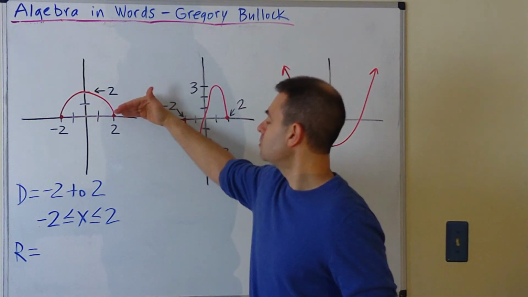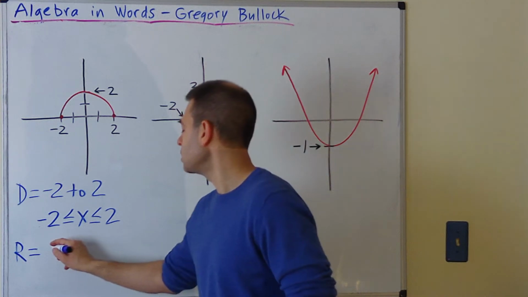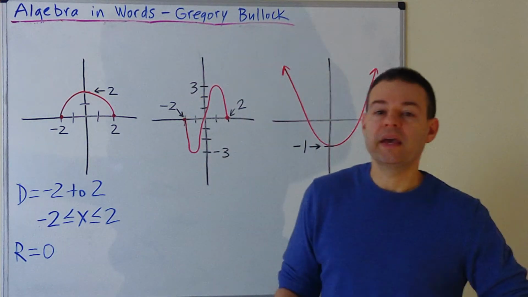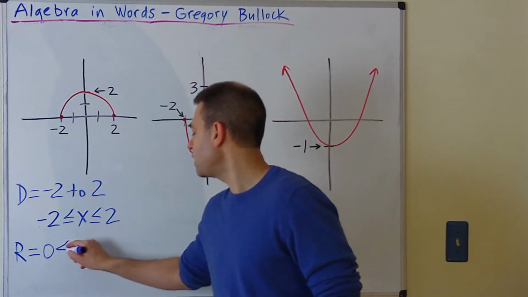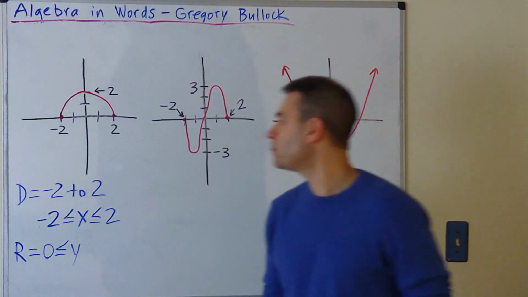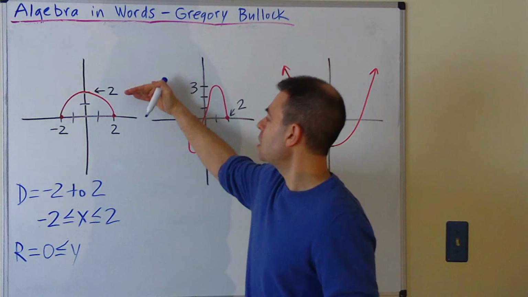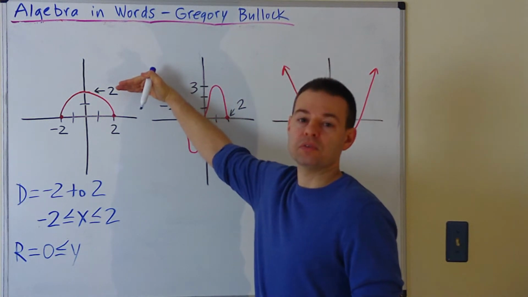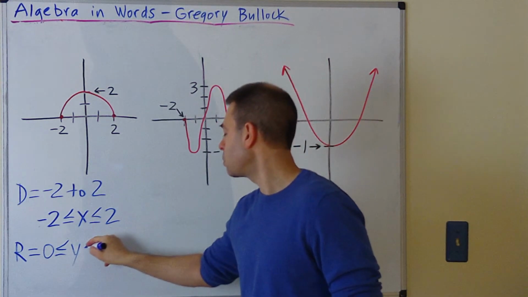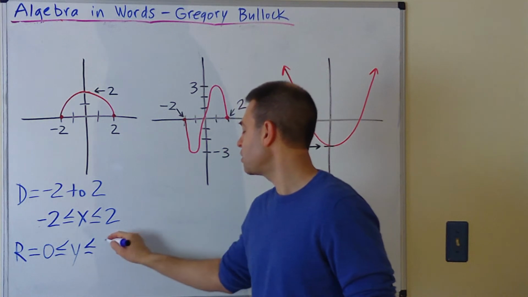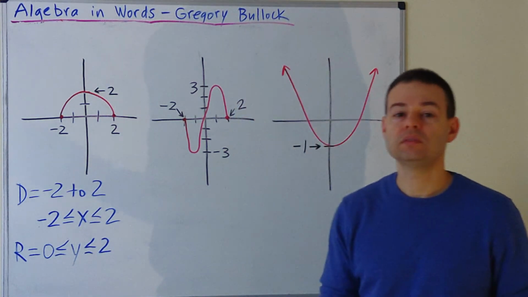It's 0. So we could say 0 less than or equal to y. And then we'll put the highest value. And what does it go up to? In this case, it goes up to 2. So we're going to say y is less than or equal to 2.